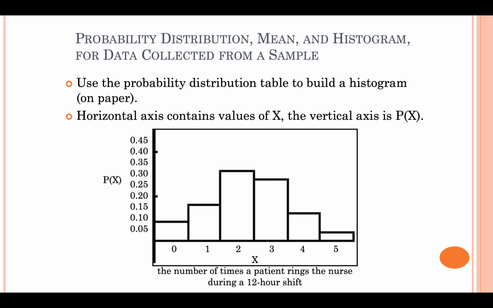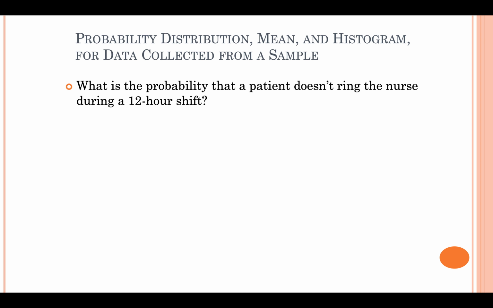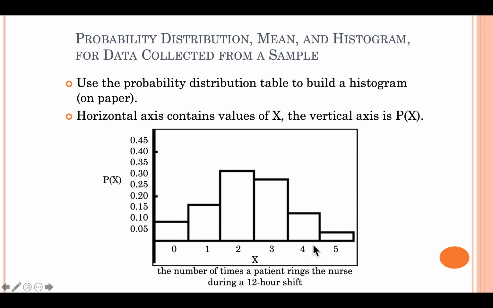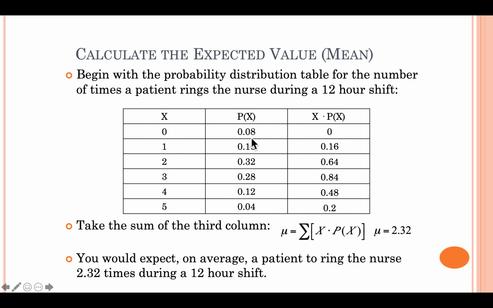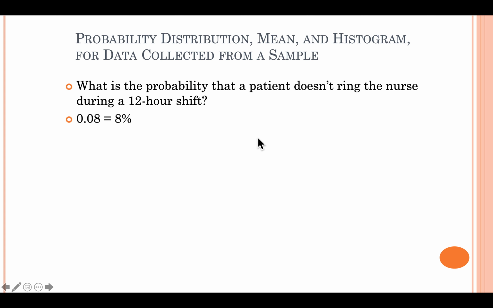So we are going to answer some probability questions based on this distribution table. What's the probability that a patient doesn't ring the nurse during a 12-hour shift? Well, not ringing the nurse means a value of X of 0. And that probability we said was 0.08. We could see that here. We could also see it from here. Probability of not ringing the nurse is a value of 0, P of 0, and that would be 0.08, or 8%.